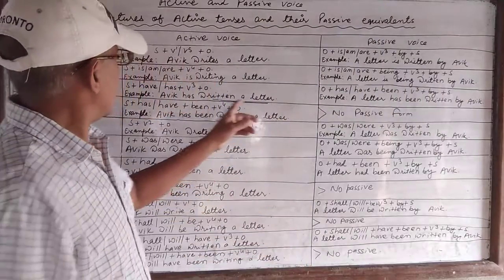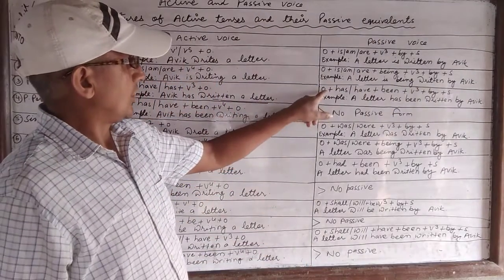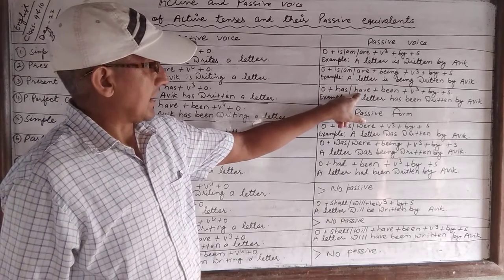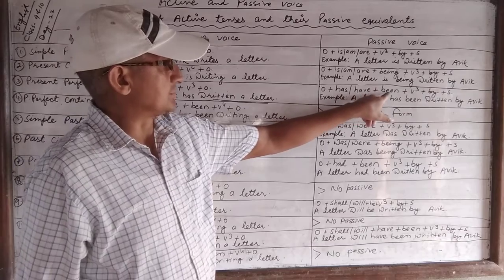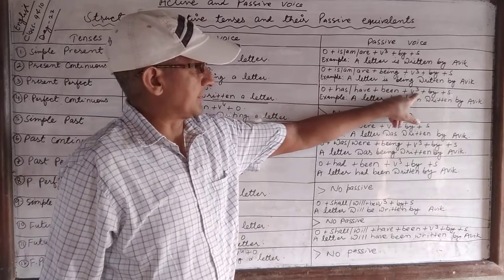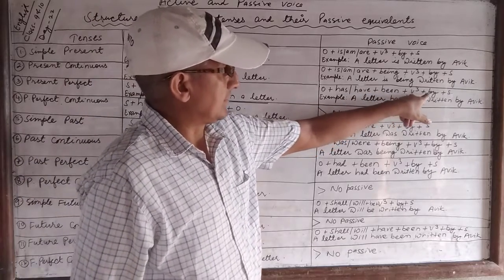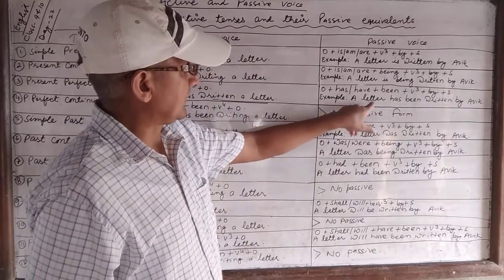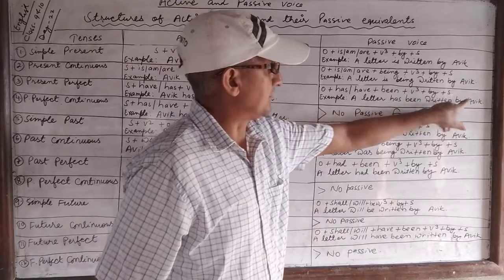The passive equivalent is object, after object has or have, after has or have we use been, and the past participle form of the verb V3 plus by and subject. Example is a letter has been written by Avik.